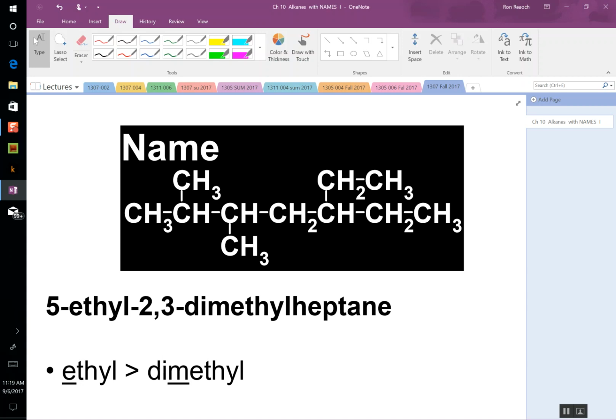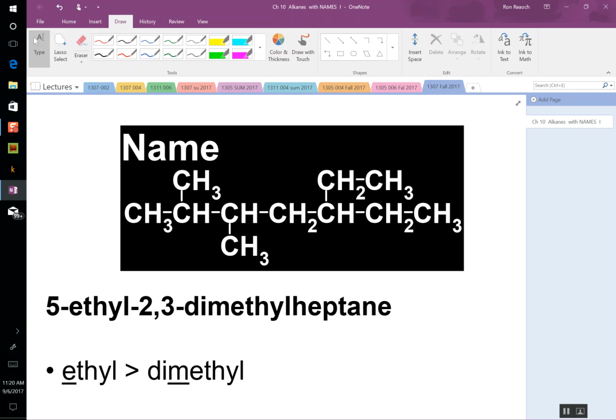Heptane has 7 carbons in it. This molecule has 11 carbons, so the name heptane has left out 4 carbons. Those are substituents. You have to include in the name everything that was left out of the parent name.